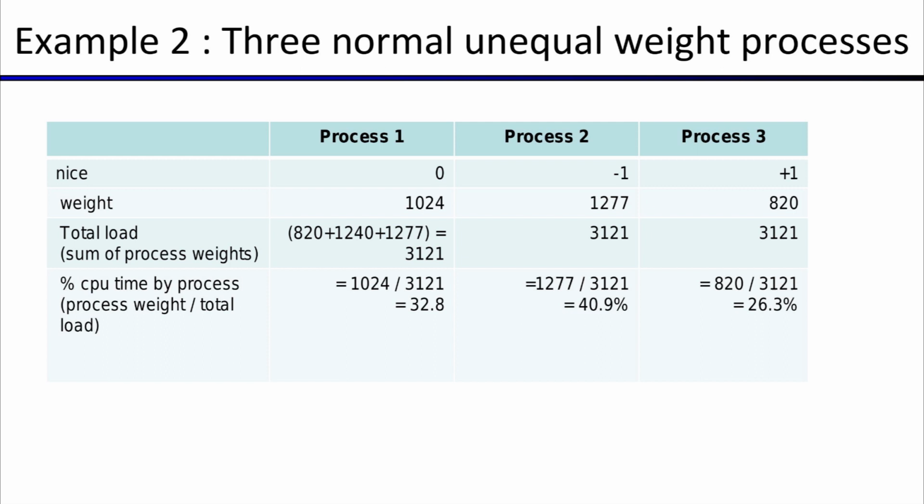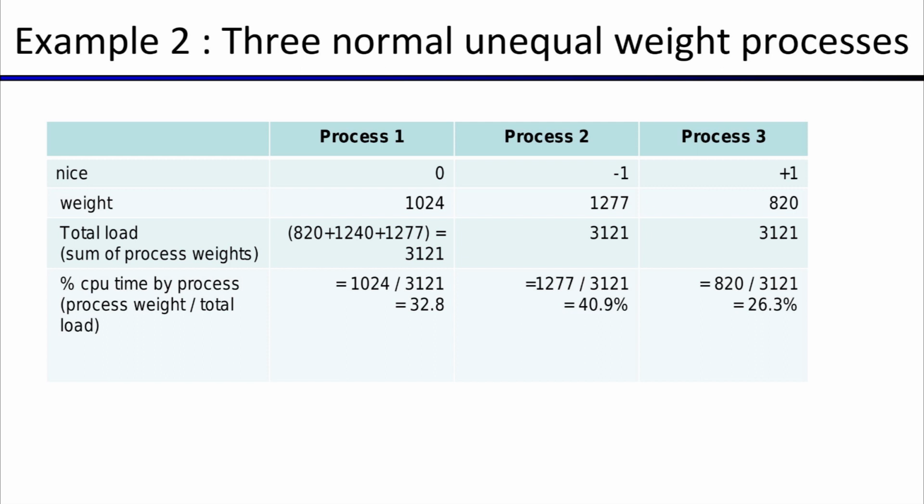Now let us take the case where we have three processes and they don't have equal nice values, which means they don't have equal weight. Process 1 has a nice value of 0, and that gives it a weight of 1024. Process 2 has a nice value of -1, so you get a weight of 1277, and process 3 with a nice value of +1 gives it a weight of 820.